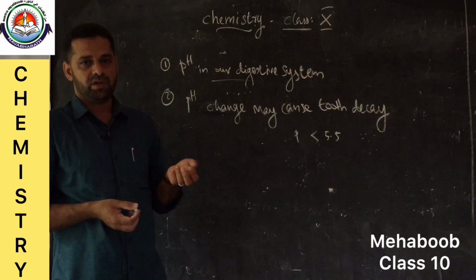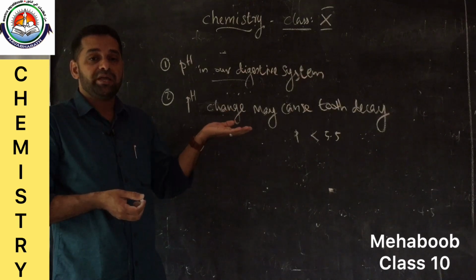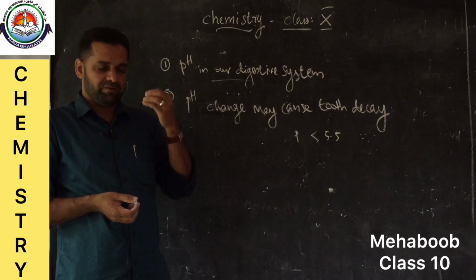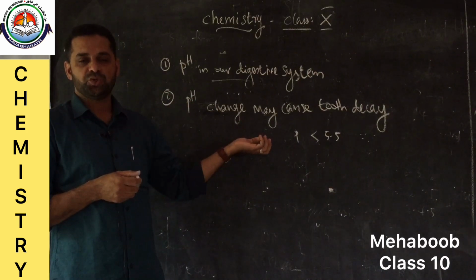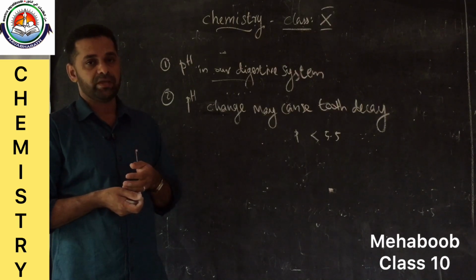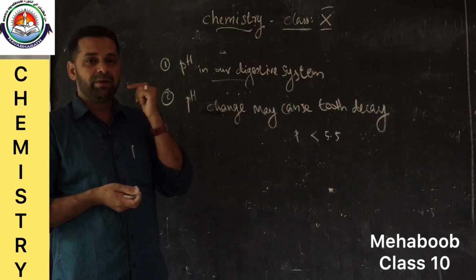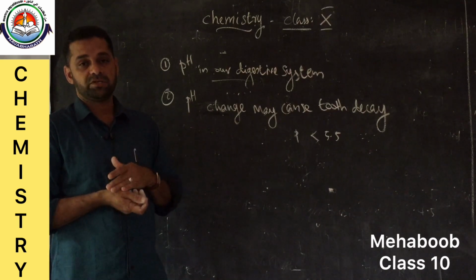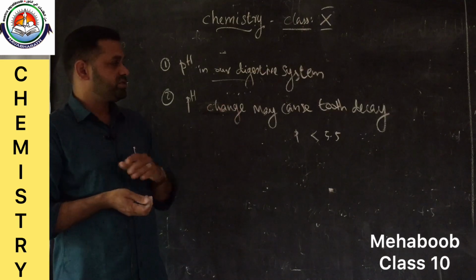How is this produced? The bacteria act on the sugar-containing food and decompose it, and it produces acids, and this acid will attack the enamel of the tooth and corrode it. So pH changes may cause tooth decay.